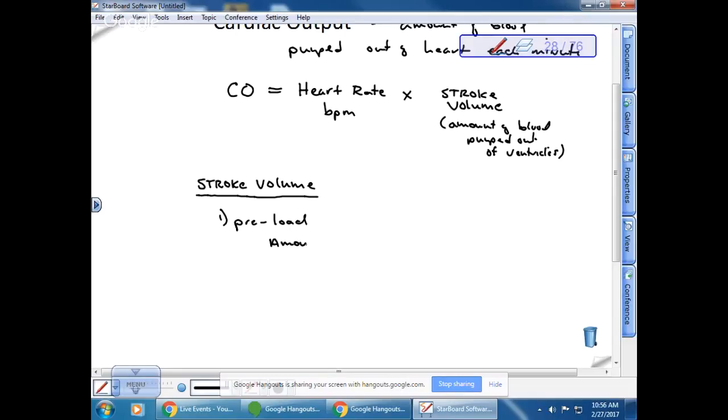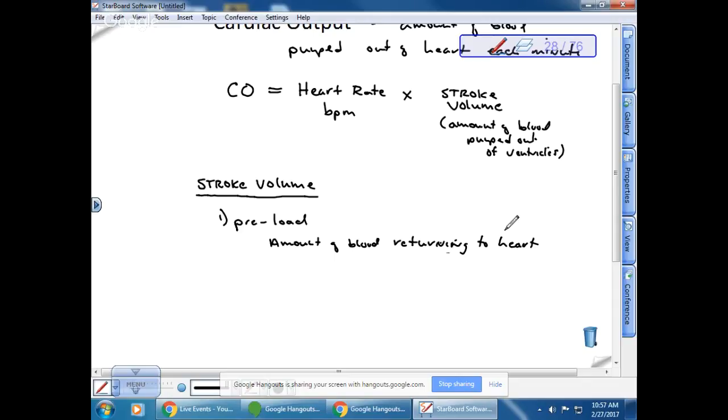So that's our preload. If you have low blood volume for whatever reason, if you've lost blood, or if you're not producing enough blood, or if you're dehydrated, your preload is going to decrease, and that is going to decrease your cardiac output.